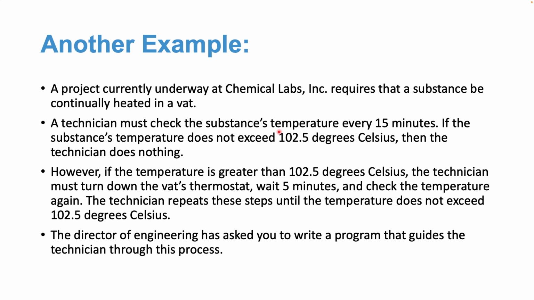We can see that our criterion is the temperature exceeding 102.5. So being higher than that should trigger a while loop. If it's below that, I think we're fine. And if it's over, we want to do a set of actions, let's say print a couple of statements.